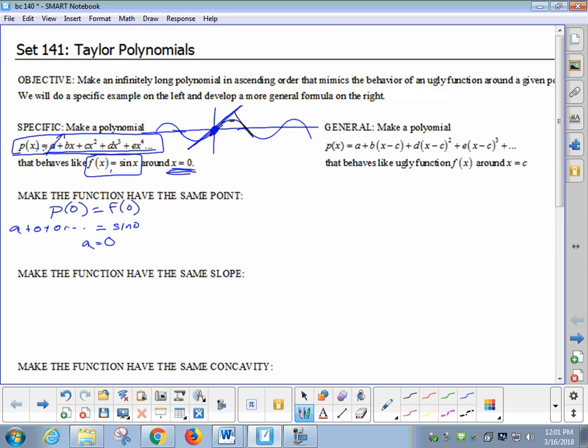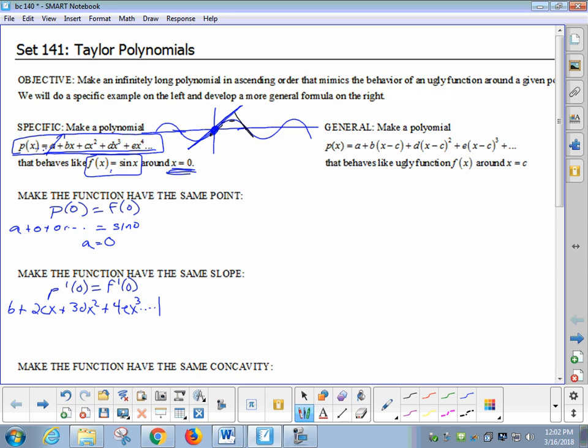Okay, so p prime at 0 needs to equal f prime at 0 in order for them to slope the same way there. Now, p prime at 0, that is b plus 2cx plus 3dx squared plus, if I did one more, maybe, what would the next one be, you reckon? 4ex cubed, dot, dot, dot.